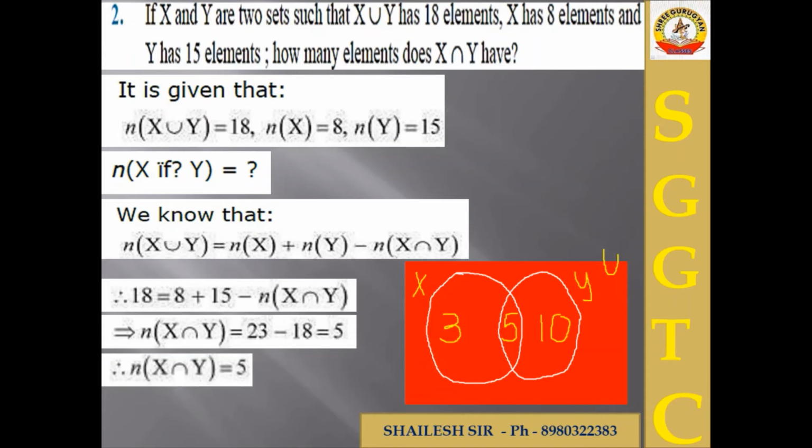That's why I wrote 8 minus 5, so 3 remain. Same in the y set, 15 is given, but I wrote 5 in the common region, so the other part is 10. And if you add them all, 3 plus 5 plus 10, definitely it is your universal set x union y, equal to 18. Yes students, next one.